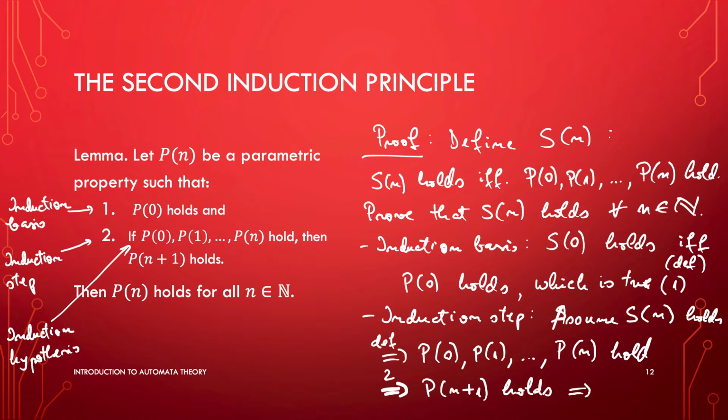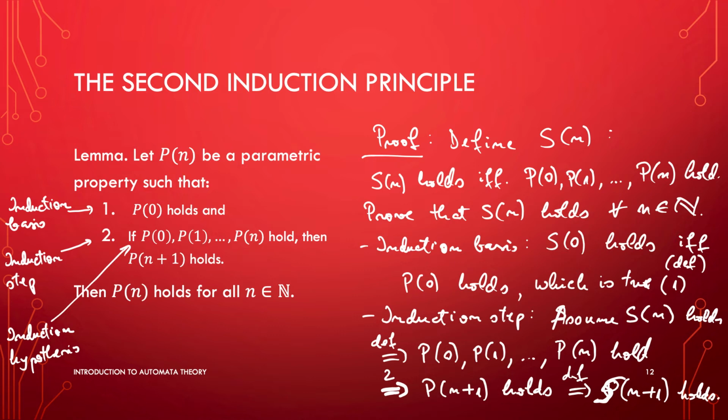And so what this implies now, by definition, is that all of these hold. So P of 0, P of 1, P of n hold, but also P of n plus 1 holds. And if you look at how we have defined our property, that's exactly the same as S of n plus 1 holding. So this implies by definition that S of n plus 1 holds.